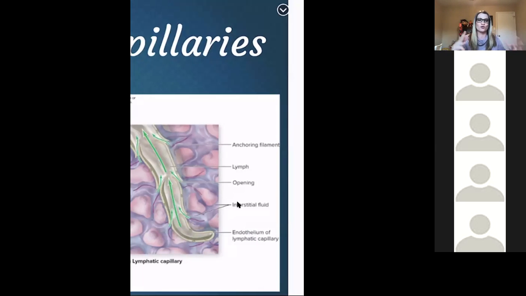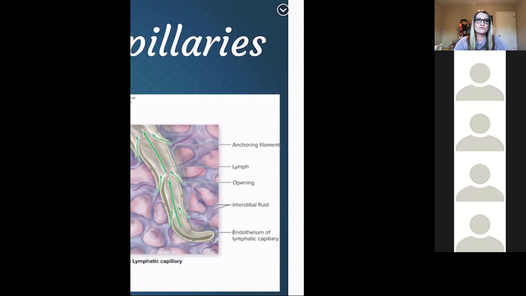They're closed-ended or blind-ended. Sometimes people get thrown off by the terminology blind-ended. And it just means that there is an end to it, or kind of like a beginning. They're not all interconnected. Like when you look at the blood capillaries, it's all like a network. So anyway, that's what blind-ended or closed-ended means.